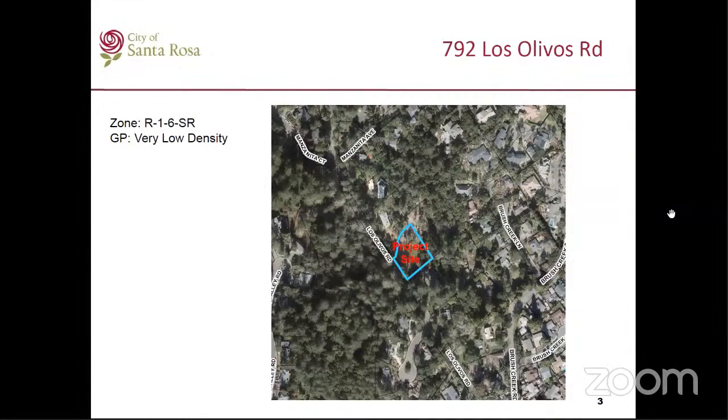The property is zoned R16 Scenic Road, and the general plan land use is very low density residential. This parcel is part of the subdivision that was approved in 2018 or 17. As you can see, there are 4 parcels that were approved for the subdivision, and this parcel is the one having a hillside development permit for a new single family house.